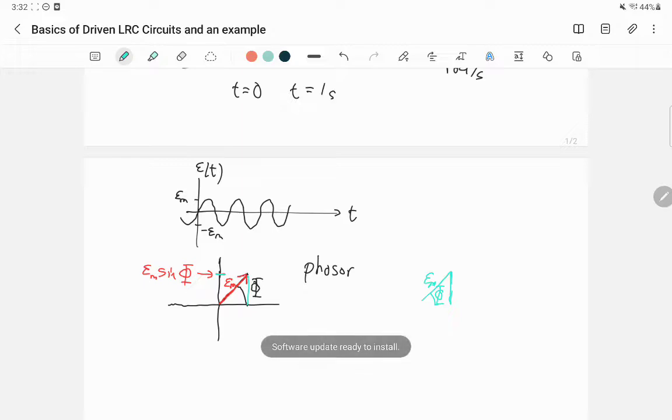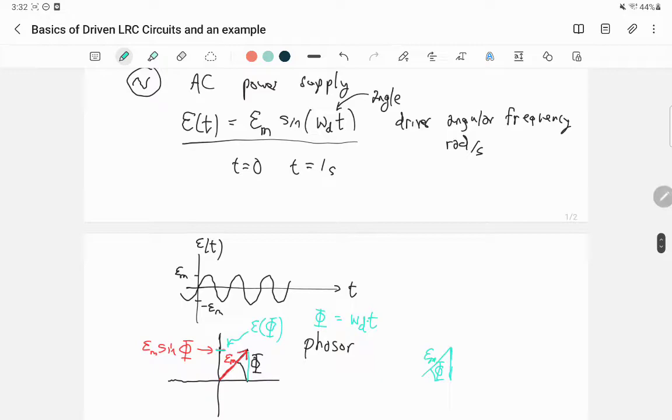So that value right there is E of the angle phi, where the angle phi might be a function of time. For example, an interesting function of time is the angular frequency omega sub d times t, right? So this is the idea. I'm re-representing this function.